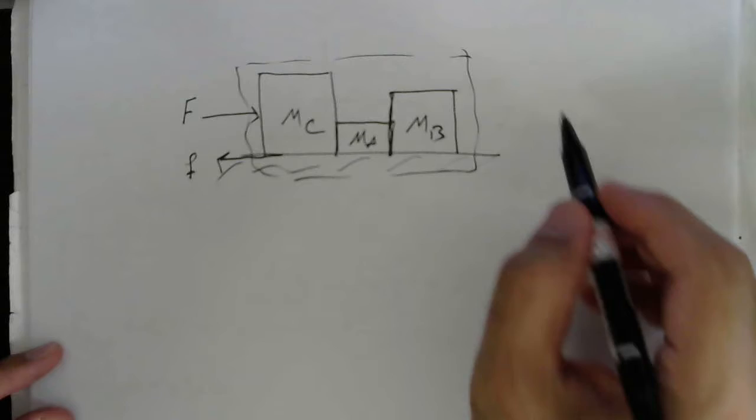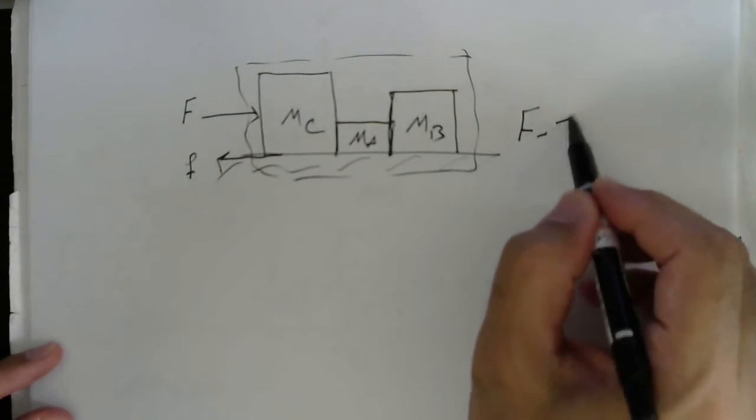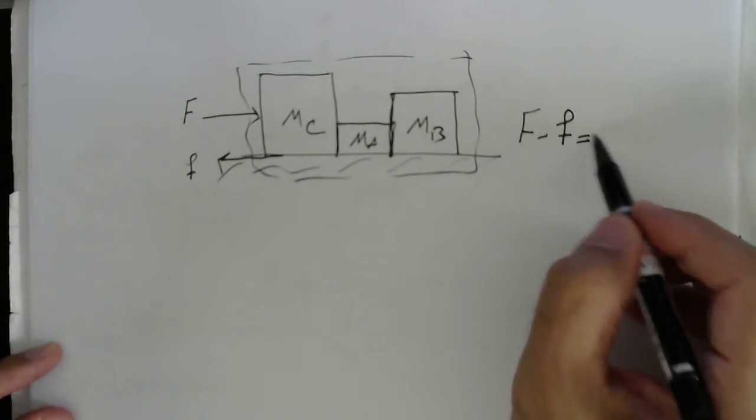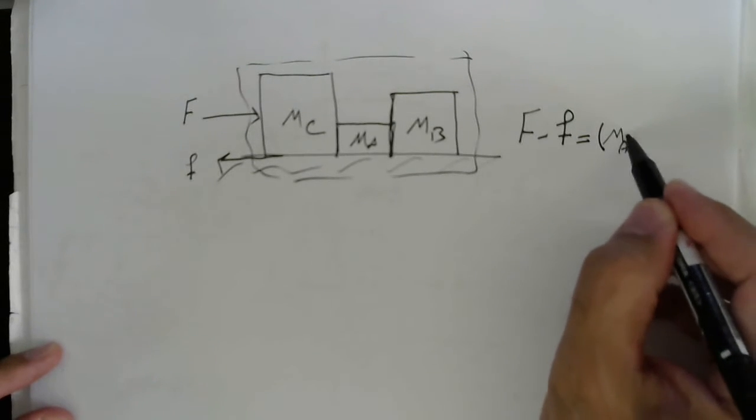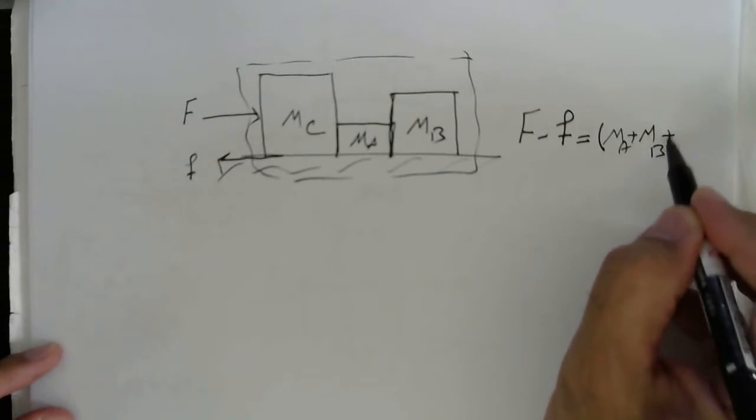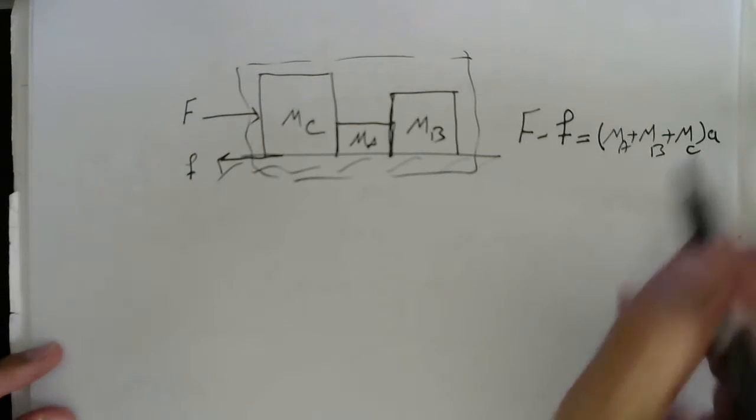So the equation of motion is F minus f equal to the mass of the whole system, which is mA plus mB plus mC times the acceleration.